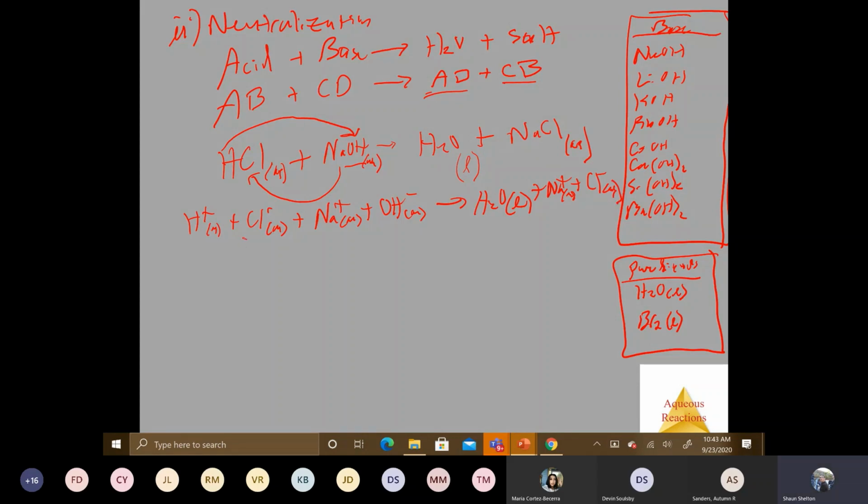Now what you'll observe here is the Cl and the Na are the same, so they'll be canceled out. So Na and Cl are your spectator ions.